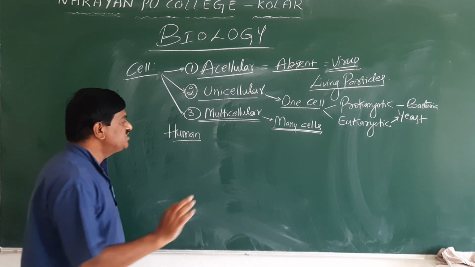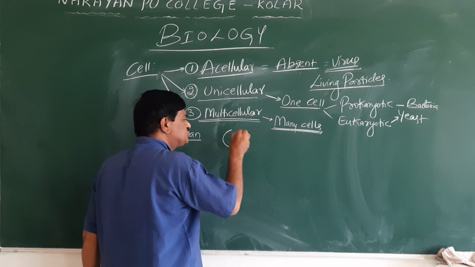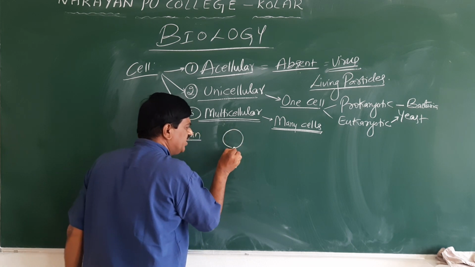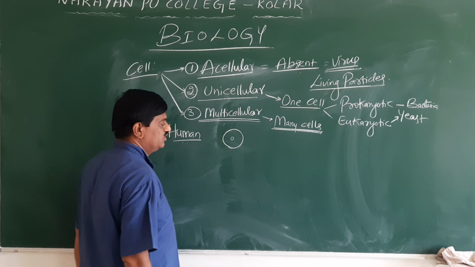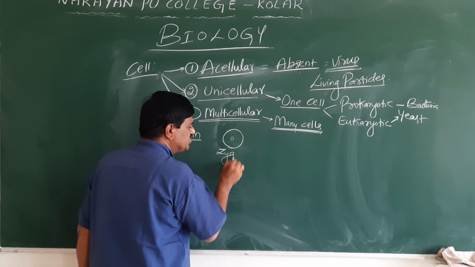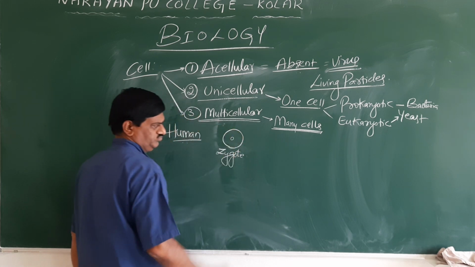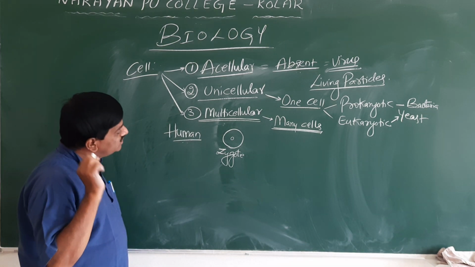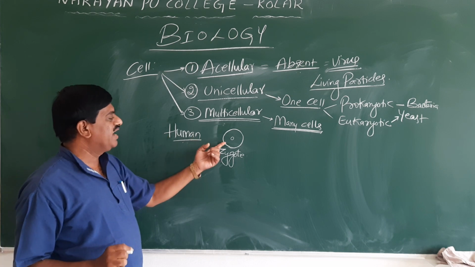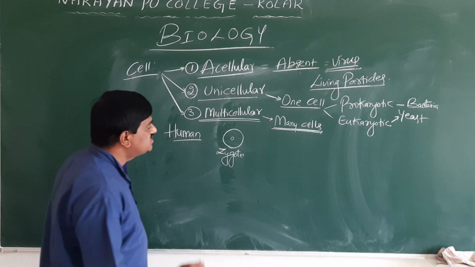humans always start their life from a single cell, and this single cell is called a zygote. The first life starts by a single cell called zygote.